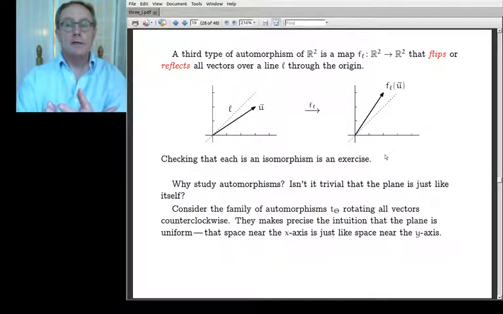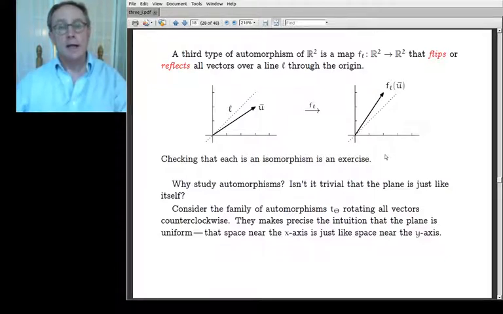These maps tell us things about the spaces that are being mapped. So the space in this case near the x-axis is just like the space near the y-axis, because you can rotate 90 degrees and turn the x-axis into the y-axis. So these maps will tell us something about what the spaces are like.